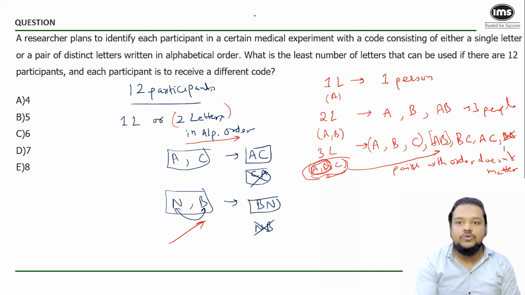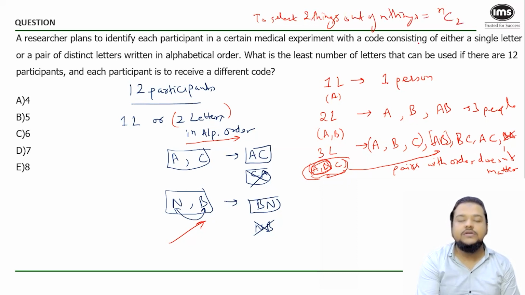Yes or no? To select two things out of n things, number of ways are nothing but nC2 ways, right? I hope you remember, to select r things out of n things, it's nCr.